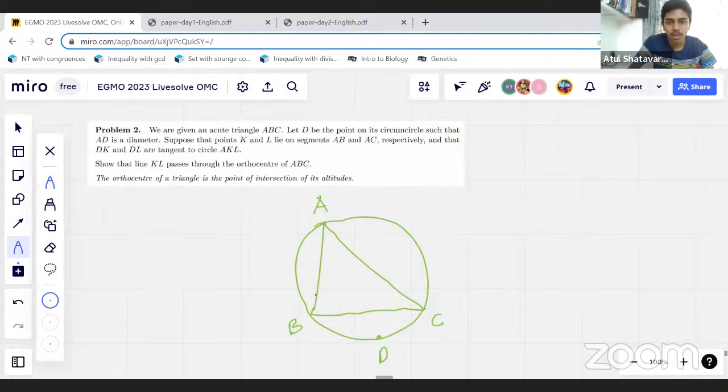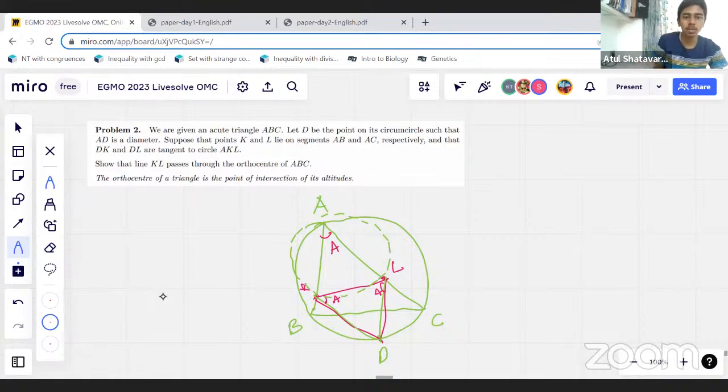Point is we have some K and L here, such that AKL, or in fact, let's just translate that tangency condition to this angle equals A, this angle equals A. And we want to show that KL actually goes through the orthocenter.